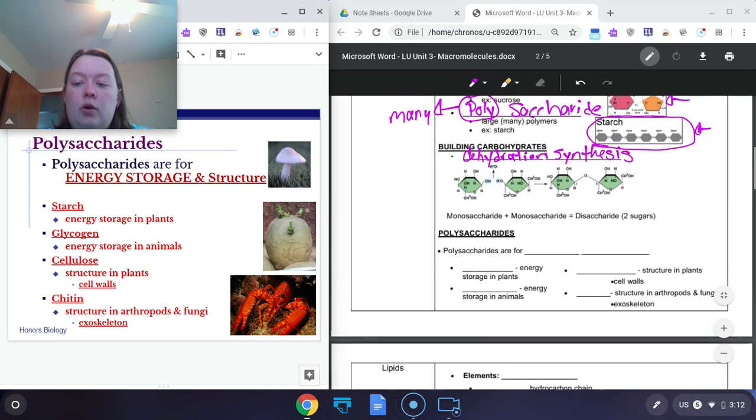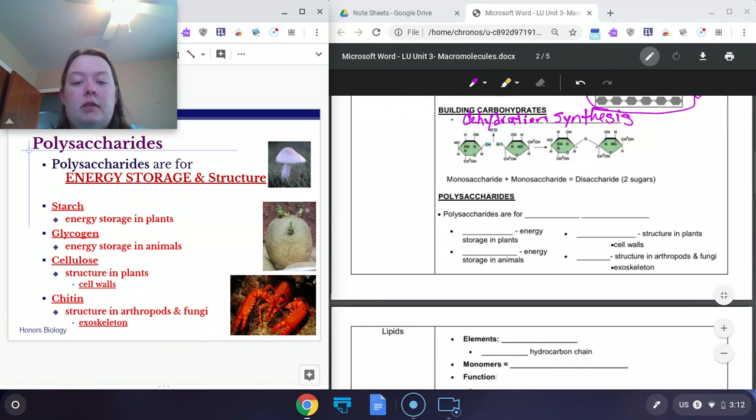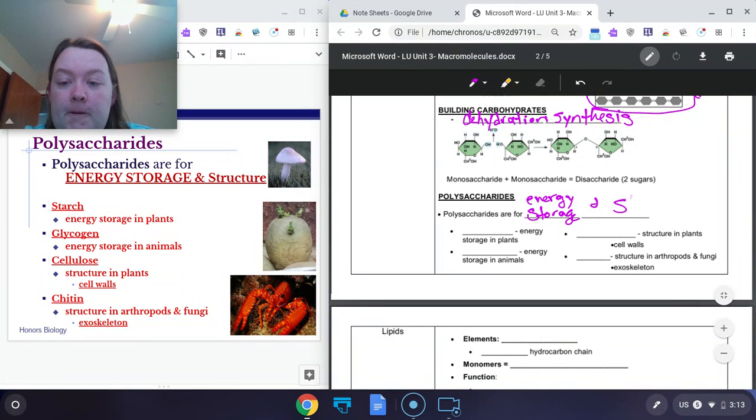Just a bit more about polysaccharides specifically. They are typically used for energy storage and structure in living things. So starch is used to store energy in plants.